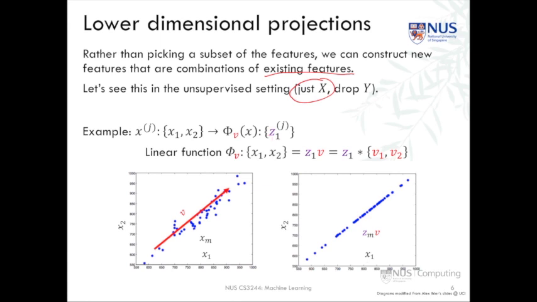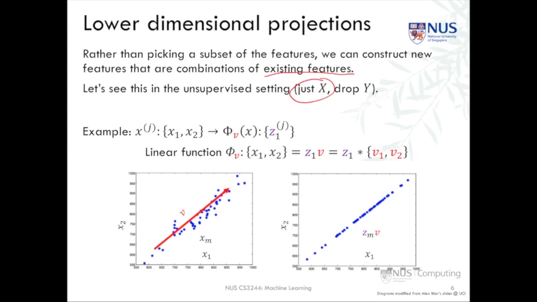This is going to require that phi take a linear transformation, which is going to create a single vector v, which has coordinates in the normal x1 and x2 space, in such a way that it captures the information of the points as succinctly as possible, using only one coordinate.